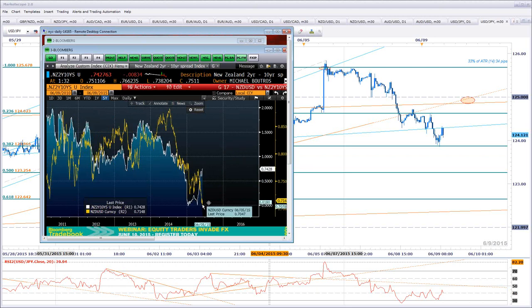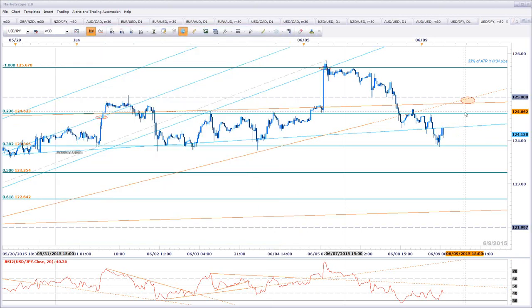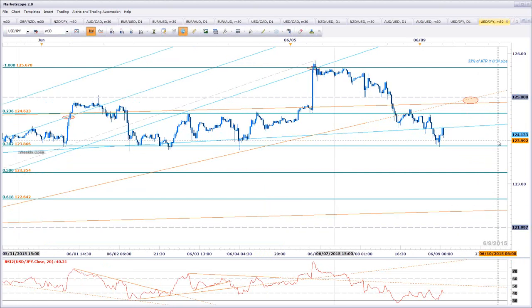From a price standpoint, the Kiwi also came off of that multi-year trendline support we've been watching. So these are the kind of corollary plays that I'll take a look at. I don't really want to stress the Nikkei yen correlation at this point. But broader risk assets have been showing some pretty gnarly stuff lately, Mark, so keep an eye on that.